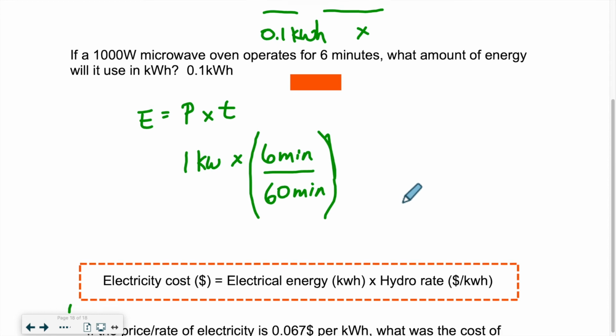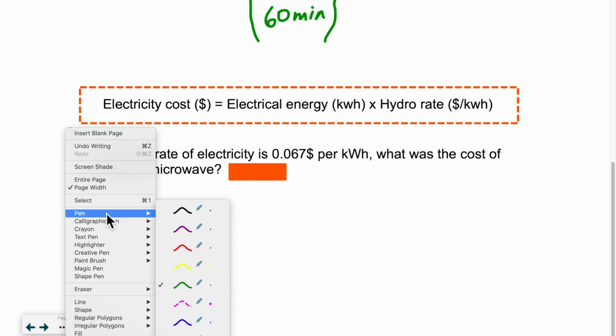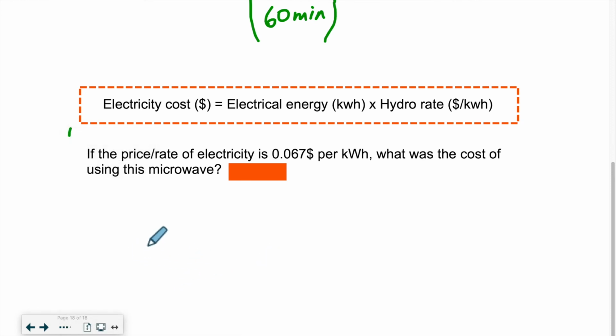Okay, next we have, what is the electricity cost? The electricity cost, the amount of dollars we're going to pay for this, is the amount of energy consumed in kilowatt hour times the rate, whatever the company is charging us, how many dollars per kilowatt hour that we use. Here, let's say the price of electricity is $0.067, so 6.7 cents, per kilowatt hour. What is the cost of using this microwave? I used the microwave for 0.1 kilowatt hour.